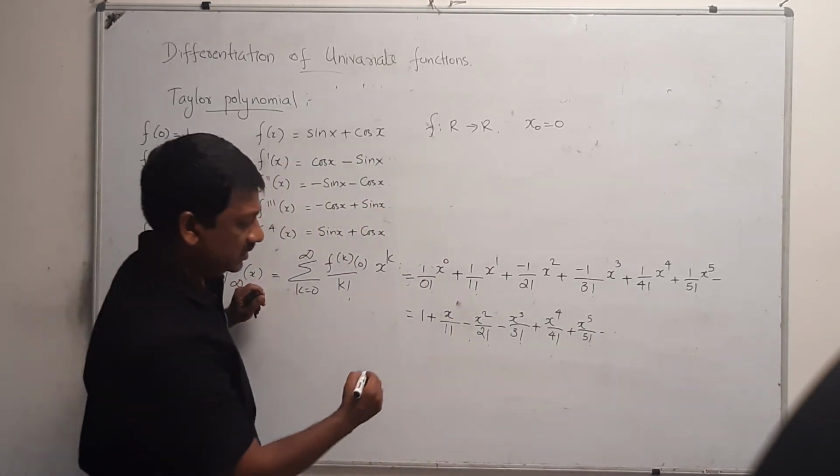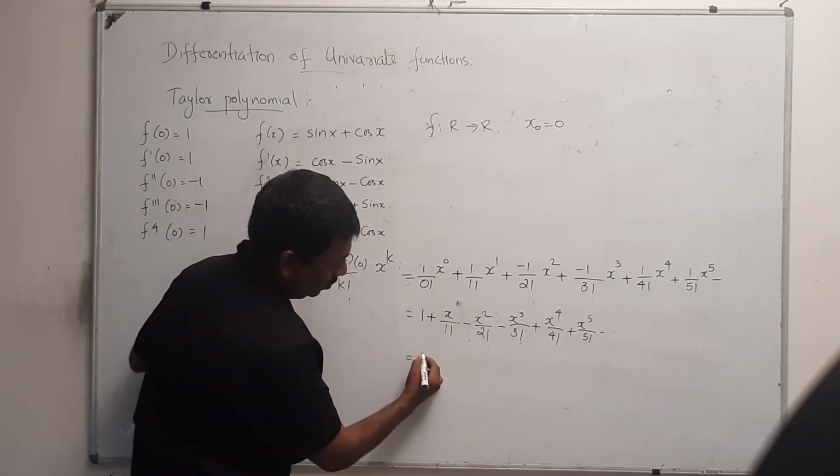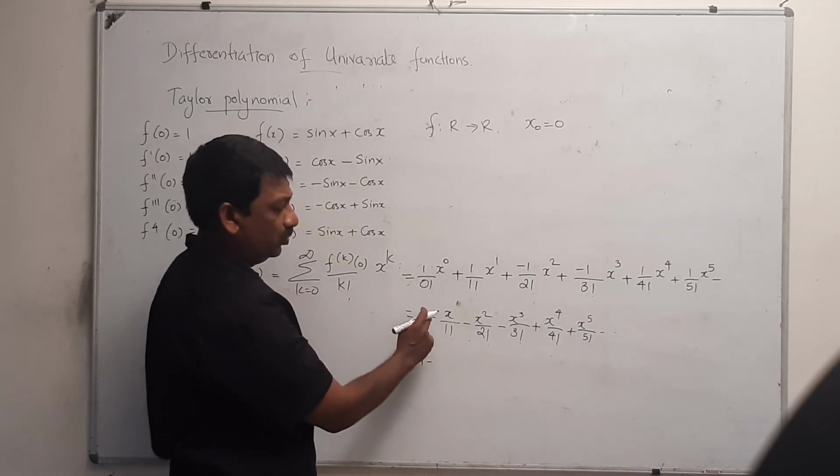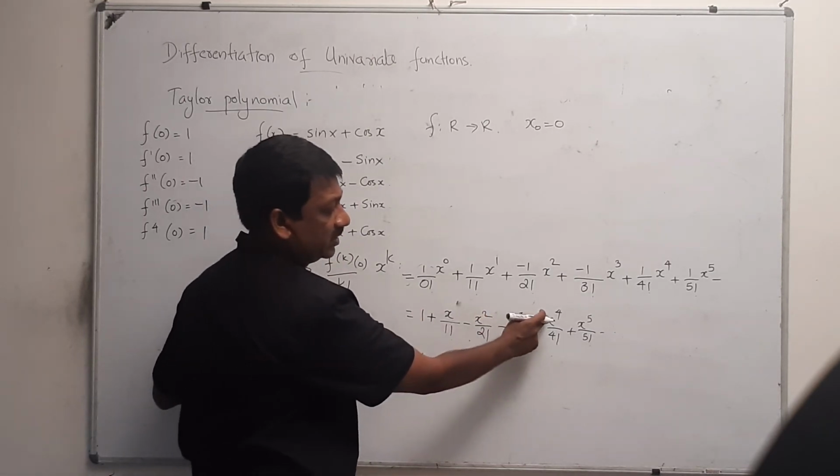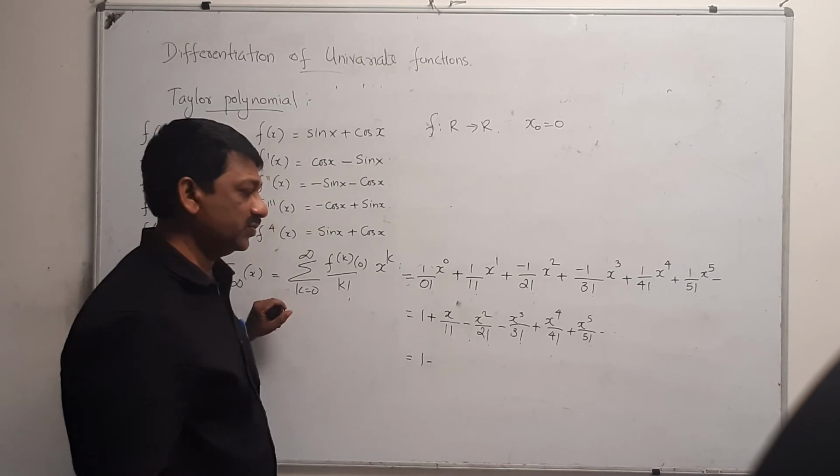Okay, this is equal to 1 minus... I am going to group x raised to 0, x square, x raised to 4 etc. That means even powers of x.